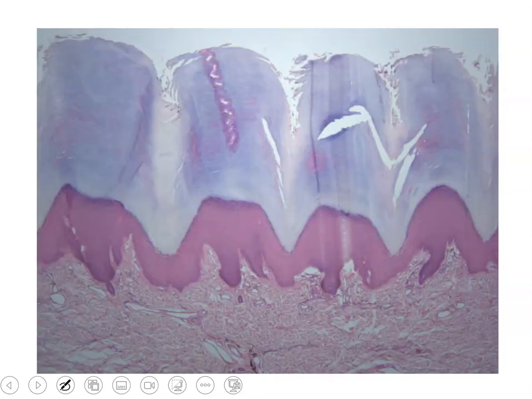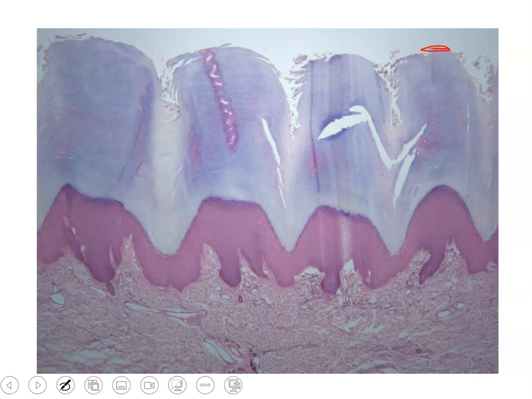So here we see another epithelium that actually has many layers. So we say this is stratified. I know that the apical cell shape is a squamous shape. So this is another stratified squamous epithelium, but instead we see a keratinized stratified squamous epithelium.